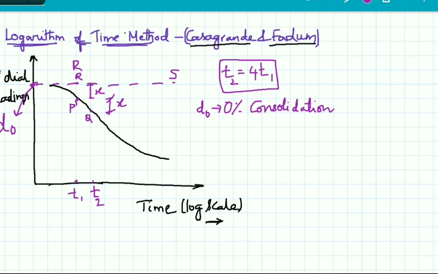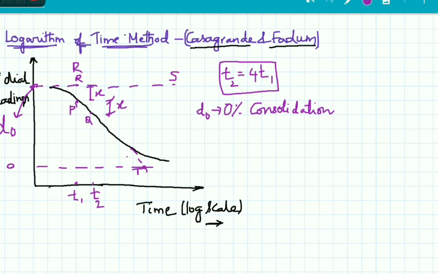If we project the straight line portions of primary consolidation and secondary consolidation and suppose them to meet at point T, the dial reading corresponding to T is D100, that is 100% primary consolidation.